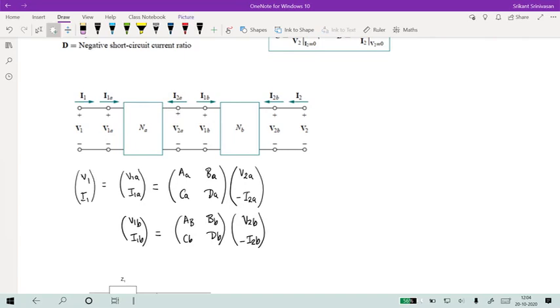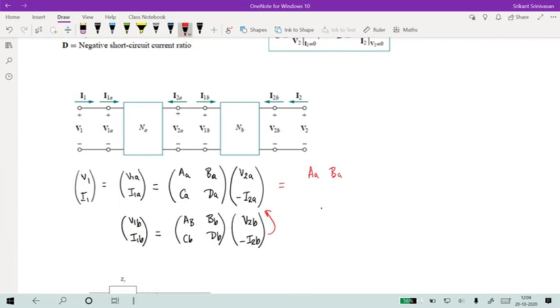So I2A over here is minus of I1B. Therefore, you can directly chain this together, and if I put this result in this, then what I would be left with is equal to AA.